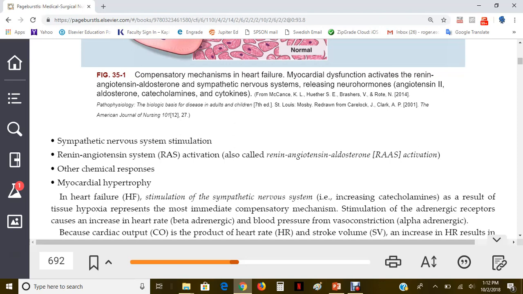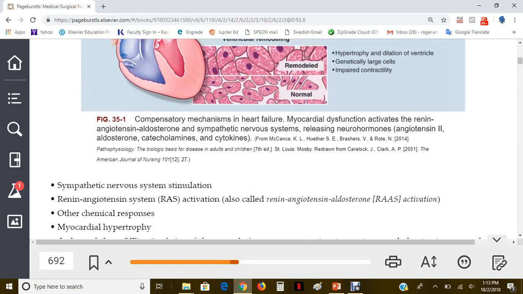Other chemical responses are of course mentioned in chapter 11: the ADH secretion as well as the BNP. BNP is brain type natriuretic peptide, which is cardiac specific, as we discussed in chapter 11.